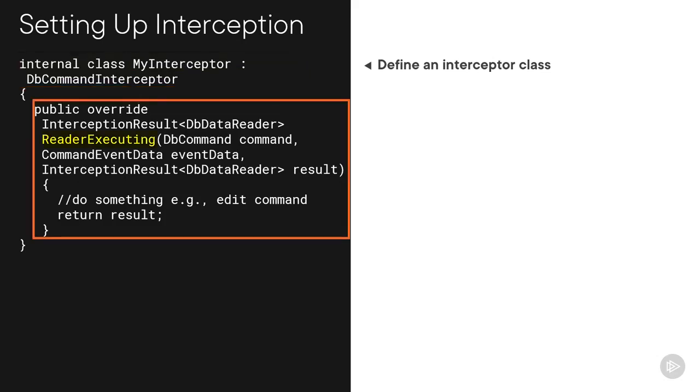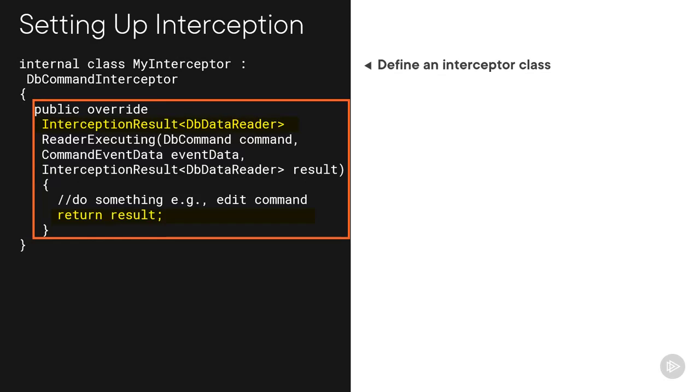I'm overriding its reader executing method, which gives me access to the command, its event data, and an interception result object. Notice that the method returns that result. If you're just modifying or doing work on the command, you do need to return that incoming result because it lets EFCore continue processing the command. But you can also return a new instance of interception result in a state such that it will cause the command to stop processing.